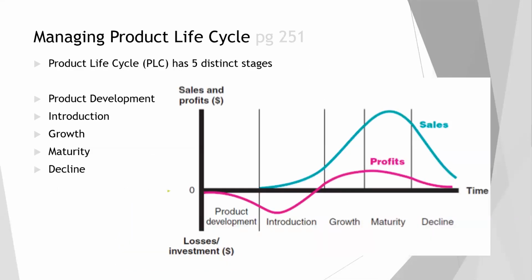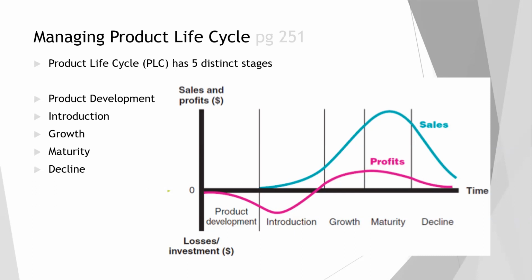So a product life cycle has 5 distinct stages, and you can see them here on this graphic. This graph shows sales and profits on the y-axis, and then we've got a timeline on the x-axis.